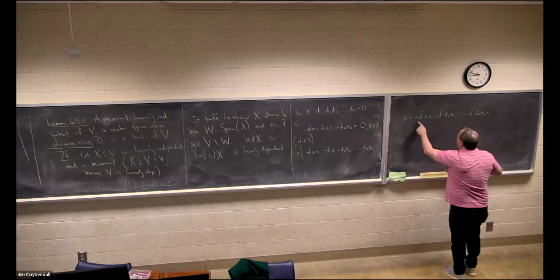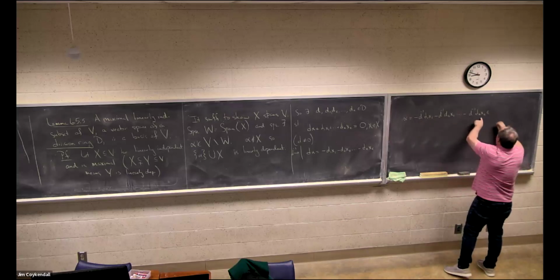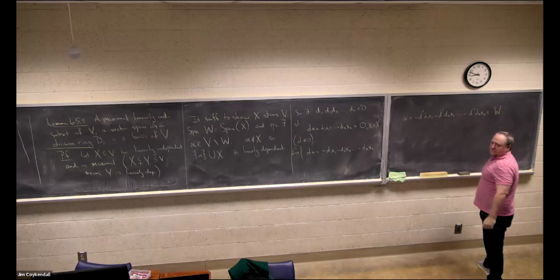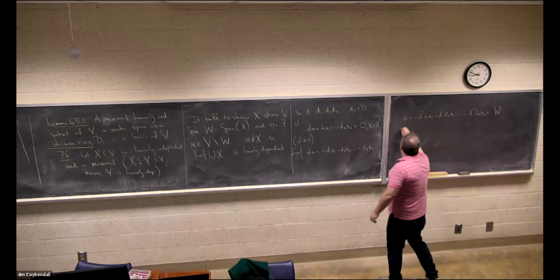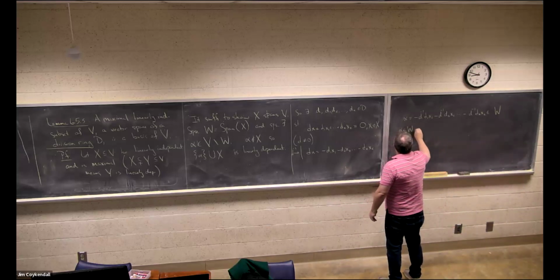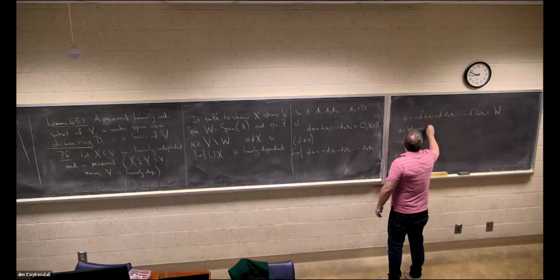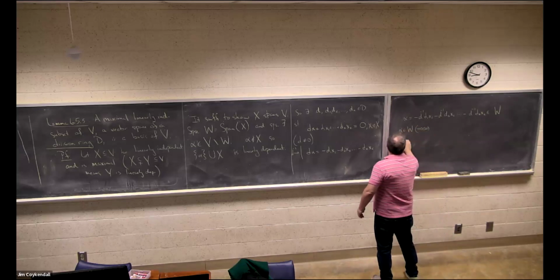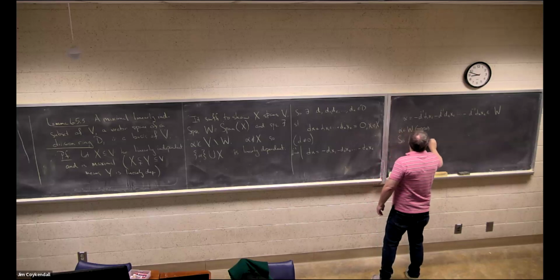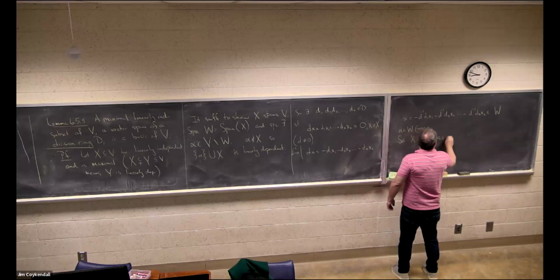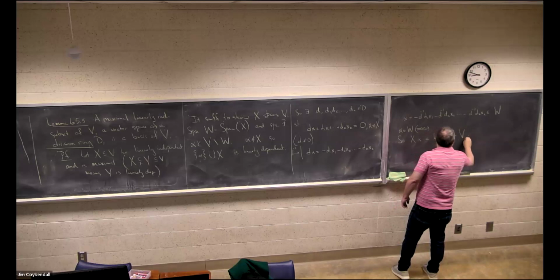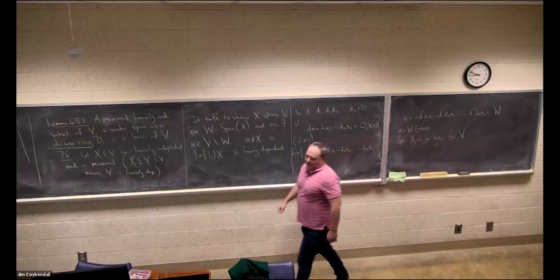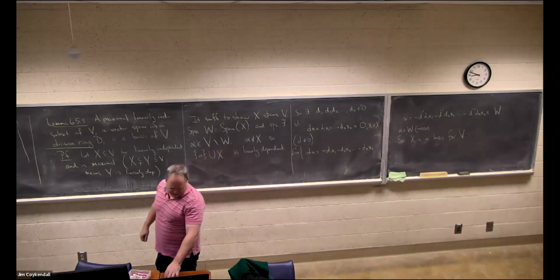And of course, this side of the equation is in W. So I obtain alpha is in W, which is a contradiction. So X is a basis.